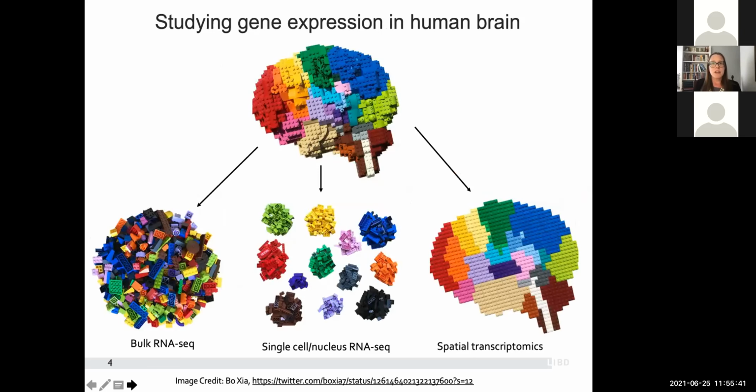One of the ways that we can understand the functions of different cell types in the brain is to study what genes they're differentially expressing. In the past few years, there have been several rapidly evolving transcriptomic approaches for studying gene expression in the brain using RNA sequencing. I like this Lego brain schematic, which illustrates how we've expanded from bulk RNA sequencing, which contains a mixture of cell types, to single cell or single nucleus RNA sequencing, which allows us to understand molecular profiles for different cell types.